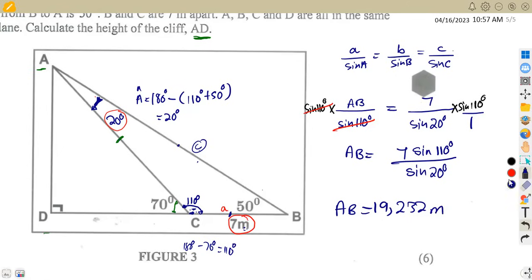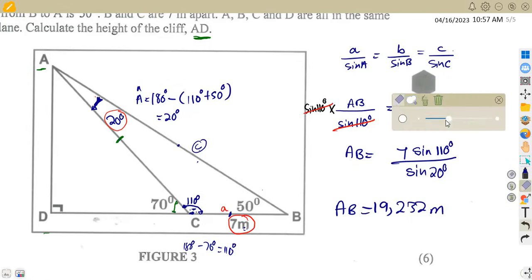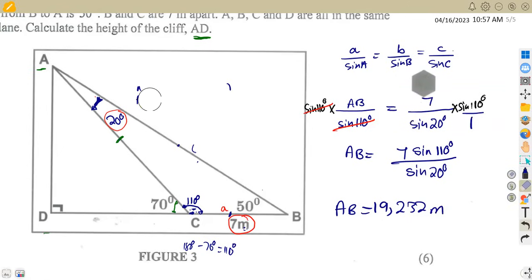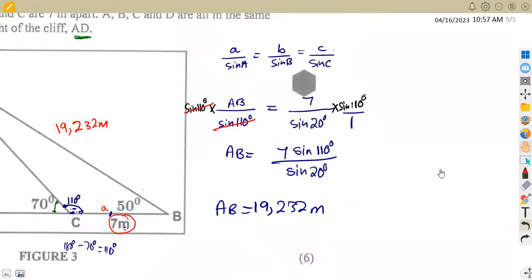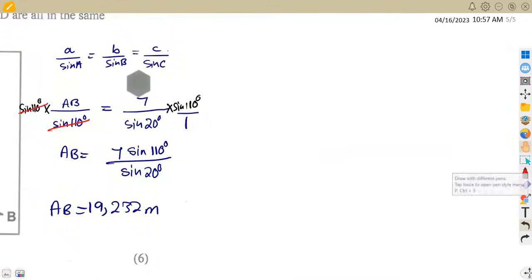So with AB being calculated, this can help us now to calculate the side AD. Take note, I have my AB here, which is 19.232 meters. So using that bigger triangle ADB, we are going to take this part only from that triangle.